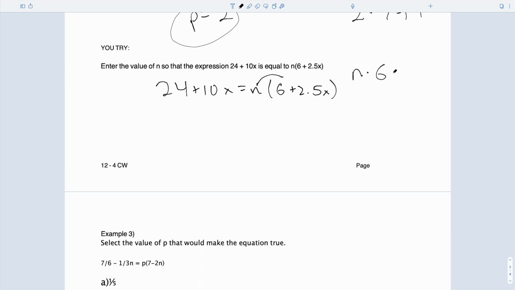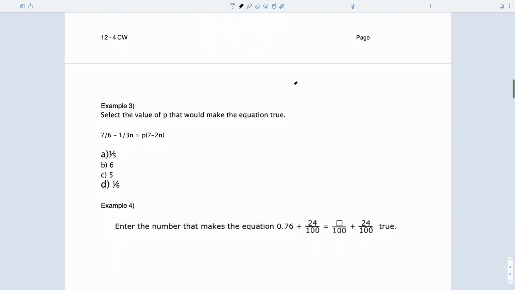N times 6 equals 24. So 4 times 6 works. Notice how 2 times 5 times 2.5 times 4 also equals 10. But this is just a little more complicated because it's a decimal. So I'm going to go with the easiest route and use the n times 6 and move on with my life.